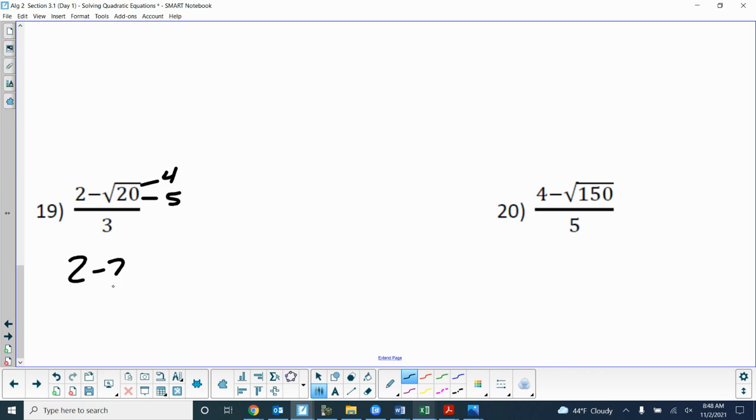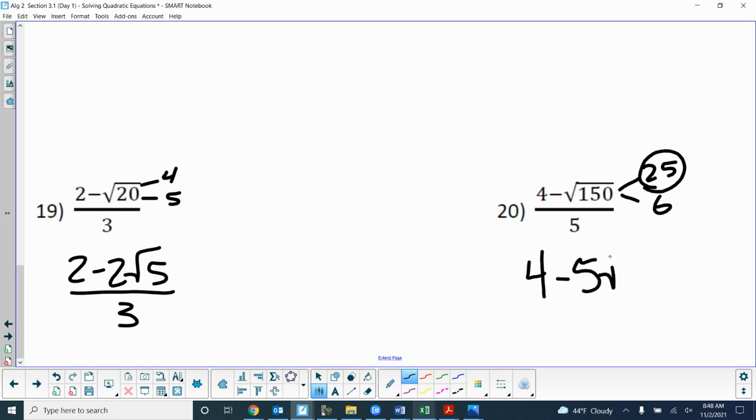So that's 2 minus 2 radical 5 over 3. And this is a 25 times 6. So I can pull the 5 out, and get that. Questions? Does that help?